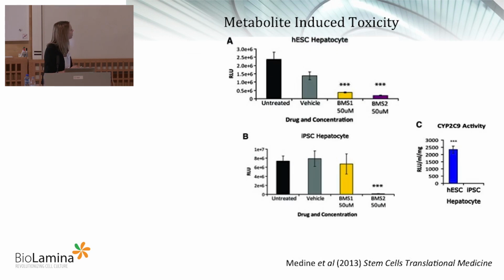We can see here that with the second compound, we got high toxicity in both iPS and ES cells, but the first compound, BMS1, did not induce toxicity in iPS cells. This is due to the fact that these iPS cells do not have cytochrome 2C9, so this shows that our system is very specific, and we can also use iPS cells with certain metabolic defects to analyze drug metabolism.